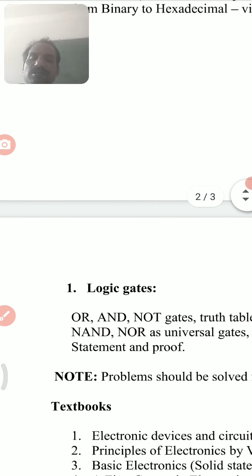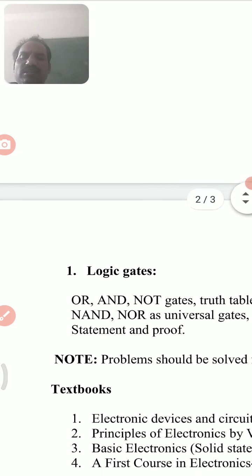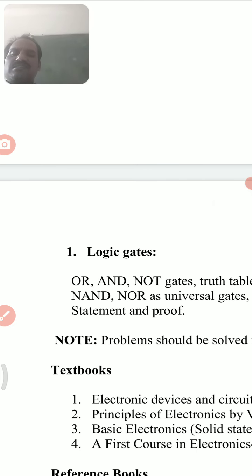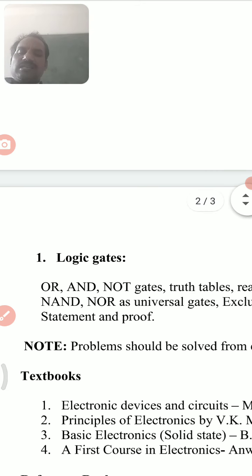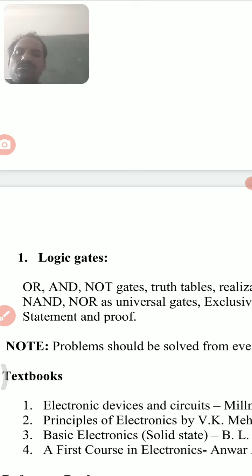And logic gates are used to construct big ICs. The AND, OR and NOT gates are used to construct all the remaining gates. There are also the NAND gate, NOR gate and exclusive OR gates.